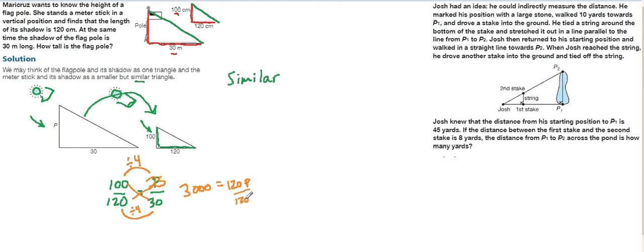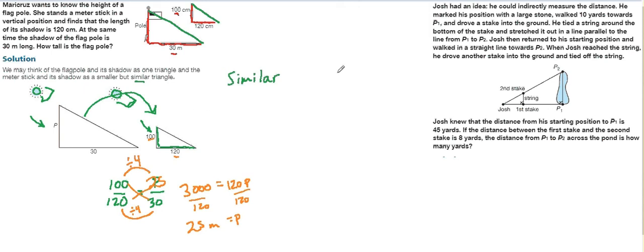Divide both sides by that 120, you should also get 25. The flagpole is 25 meters high. You could convert this into meters and get the same thing. It doesn't actually change the answer.